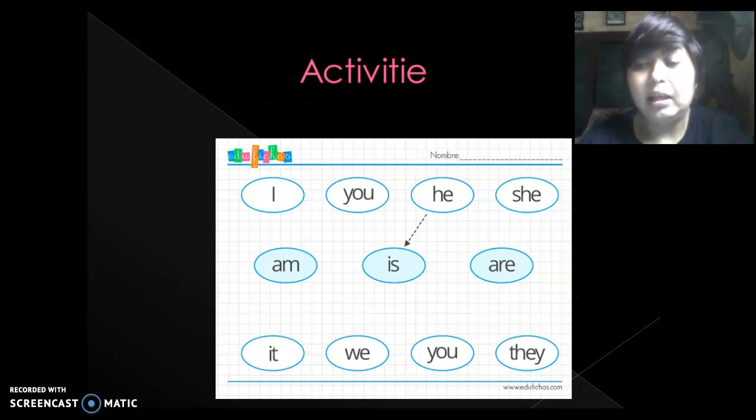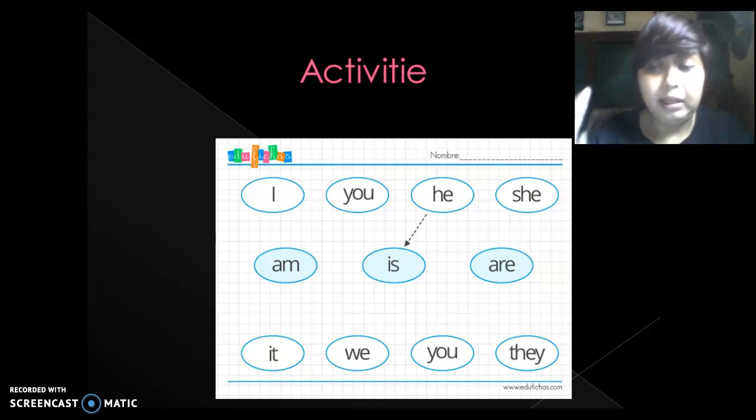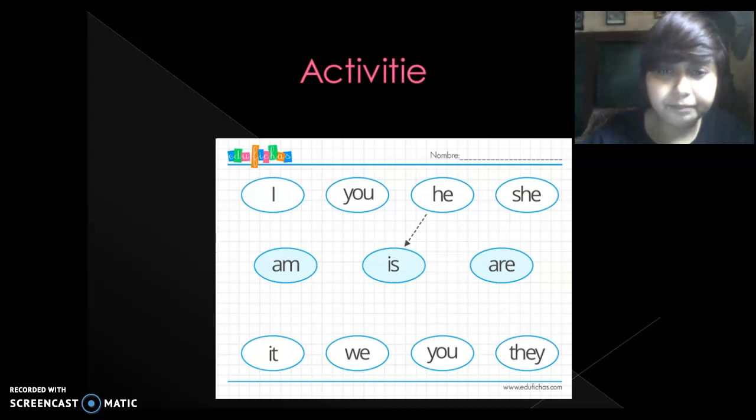Okay, now I will explain the activity that we will do first. You have to be an observer, and there are three verbs: am, is, and are. You connect the different colored arrows from the personal pronouns to the corresponding verb.